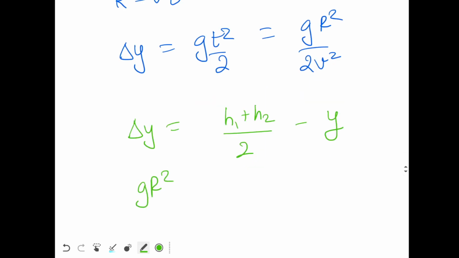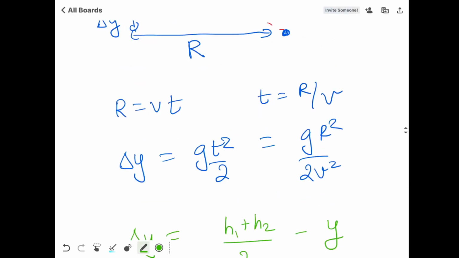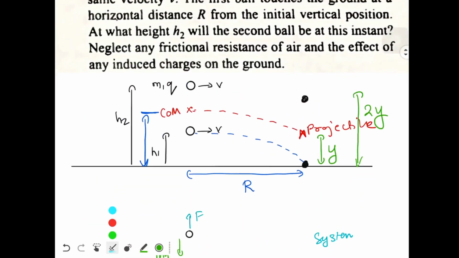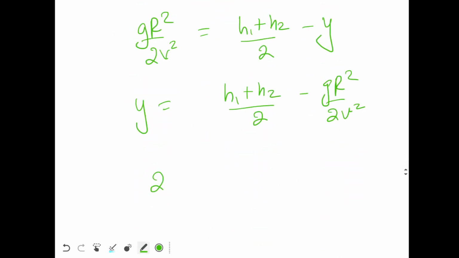So g r² by 2v² equals (h1 plus h2) by 2 minus y. Then I get y is equal to (h1 plus h2) by 2 minus g r² by 2v². So now we can find the height of the second particle, which is 2y. So the final answer of the question, that is height of the second particle, will be h1 plus h2 minus g r² by v². This is the answer.